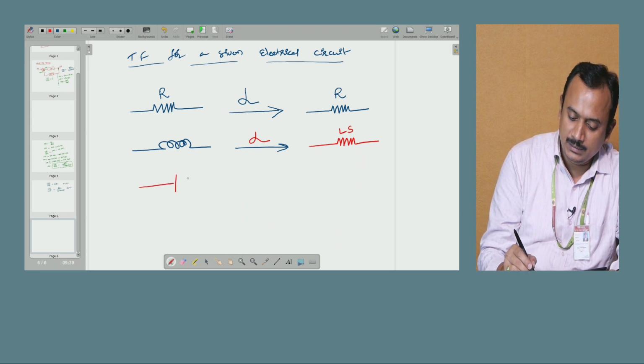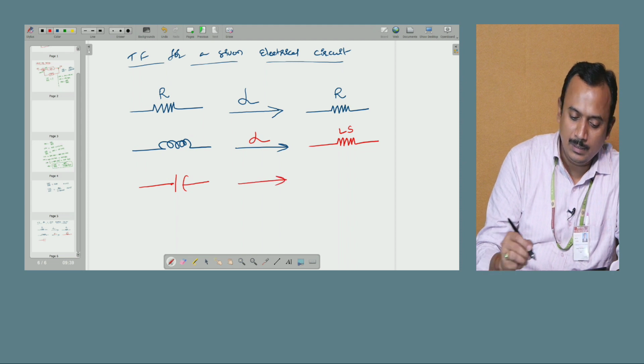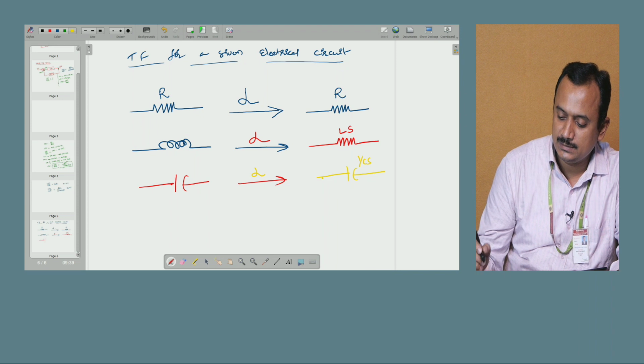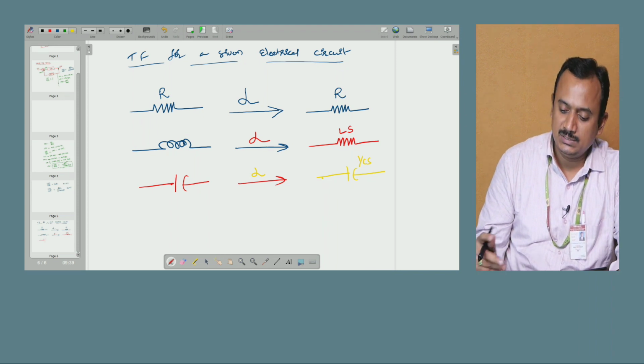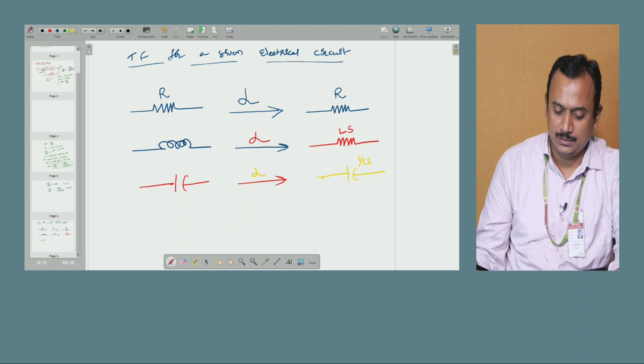Similarly, if I take the capacitor and apply the Laplace transform, we will get 1 by Cs. So these are the three important notes which we need to remember before we start finding the transfer function for a given electrical circuit.